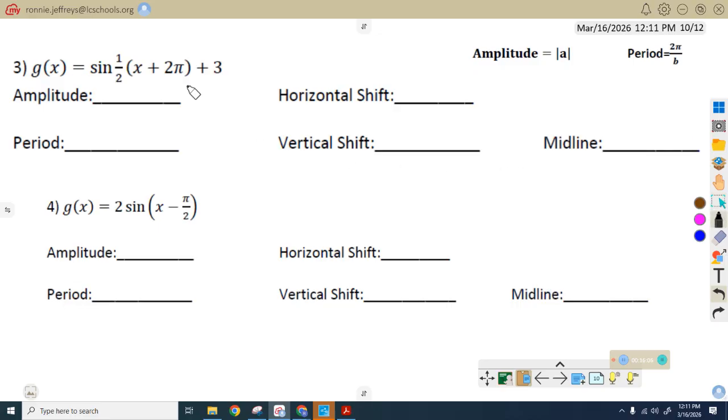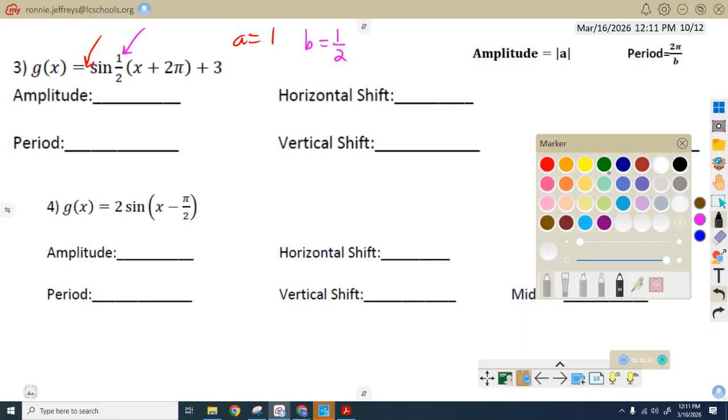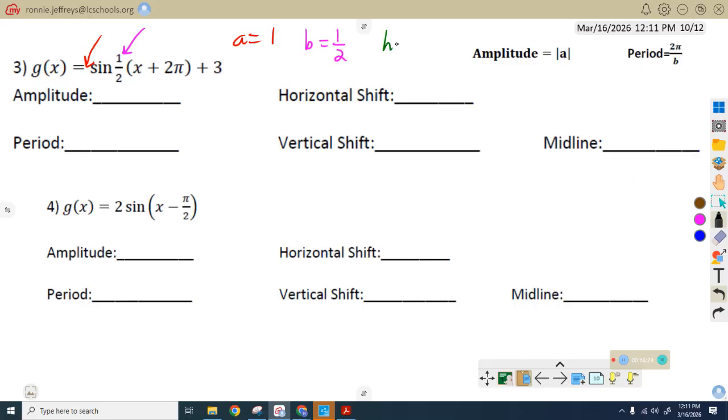So our A, what is the number? What is the loneliest number? B is 1/2. Yeah, this would make more sense if y'all list all these before you fill in the rest of it.